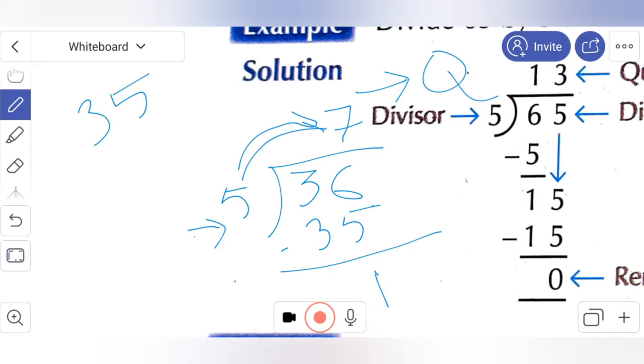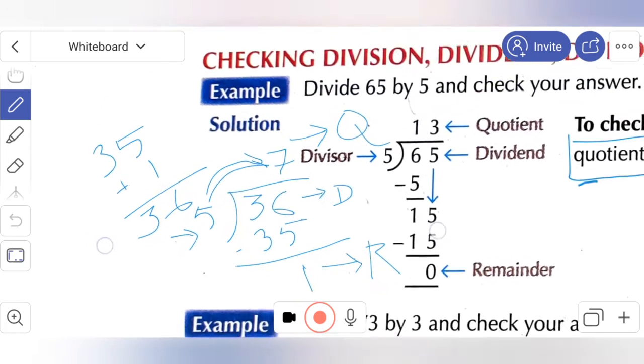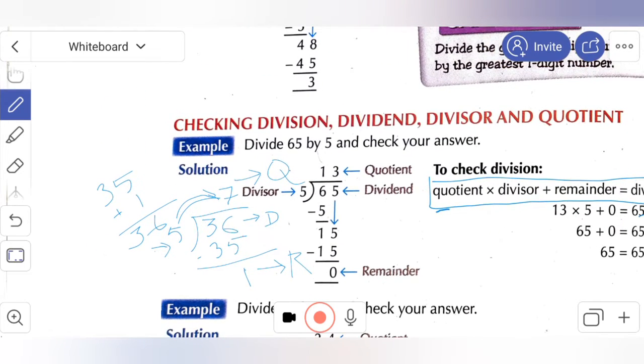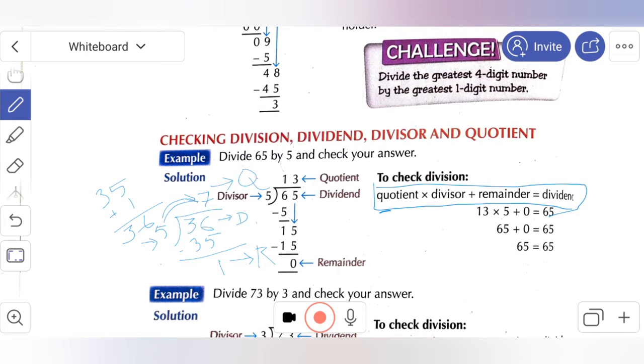Now if you add them with the remainder, how much will you get? 35 plus 1, 36. So do you get this or not? The dividend, getting 36, right? So this is the formula: divisor into quotient plus remainder gives the dividend. Clear? This is the dividend.